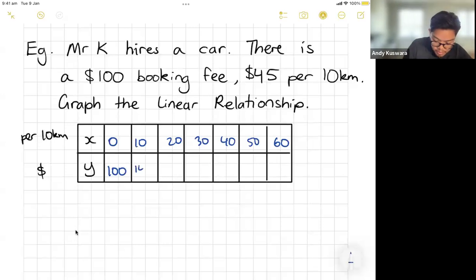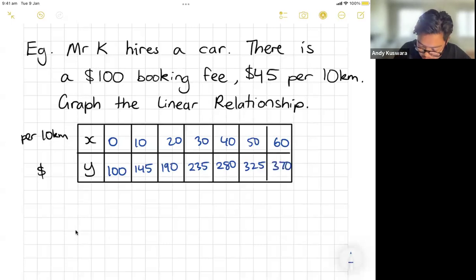So it'll be 145 after the first 10, another 45 on top of that becomes 190, becomes 235, 280, 325, and then 370 if I've done my maths right. All I've done is add 45 every 10 kilometers. This is now something you can sketch as well.